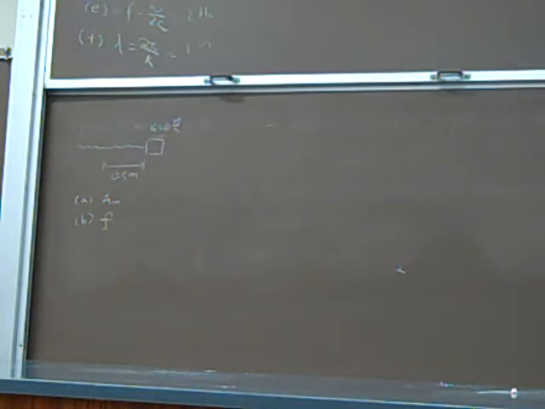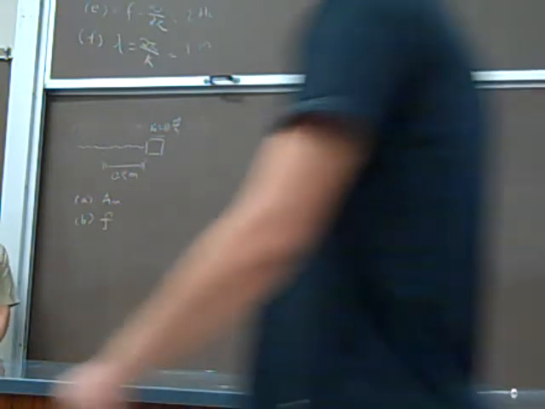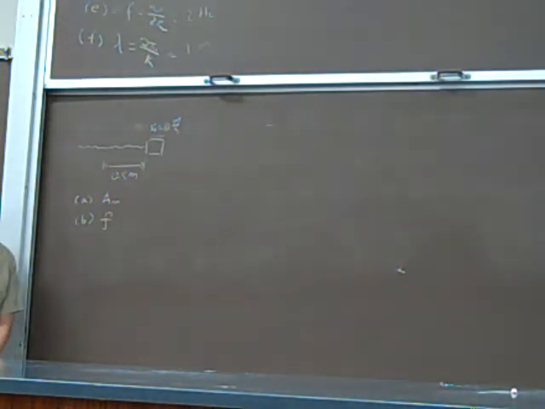Let's look at how we can find the amplitude of the motion. Should it be larger or smaller than 0.5? It should be larger than 0.5. Amplitude means the maximum possible displacement from the equilibrium.